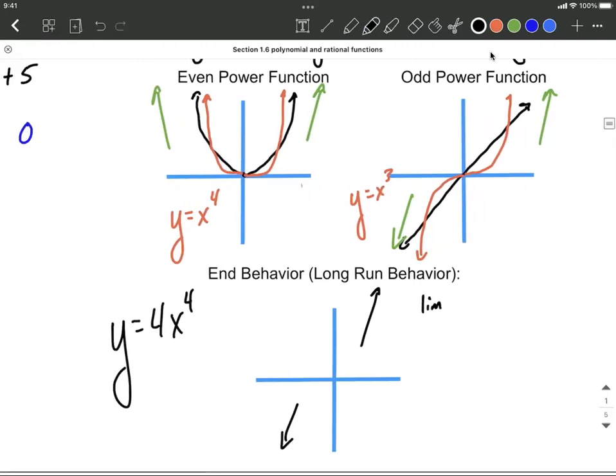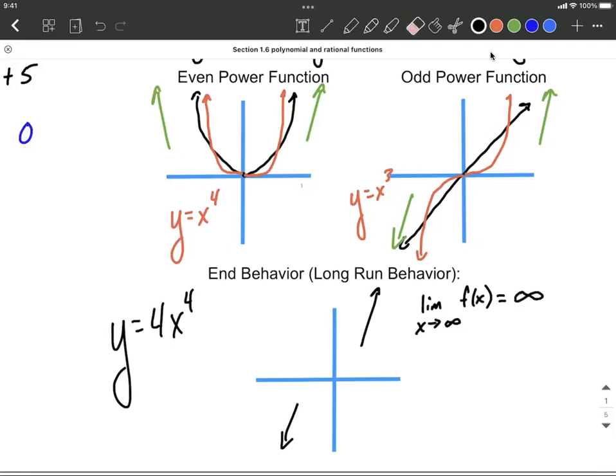We can say the limit as x goes to infinity, as we move off to the right-hand side of our function f of x, it goes up. So hopefully we can understand, maybe the first time we've seen limits, that as x approaches infinity, that says as we go off to the right-hand side, as our x values increase without bound, what happens with our y values? Well, tracing this up, it goes up, up, up, and that goes towards positive infinity.